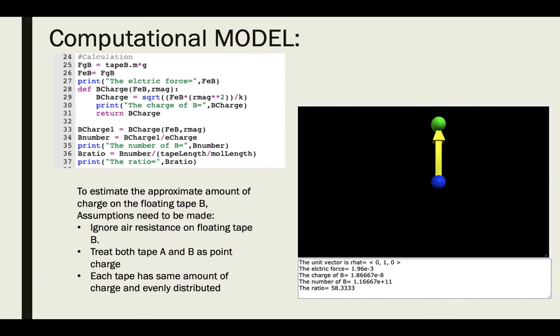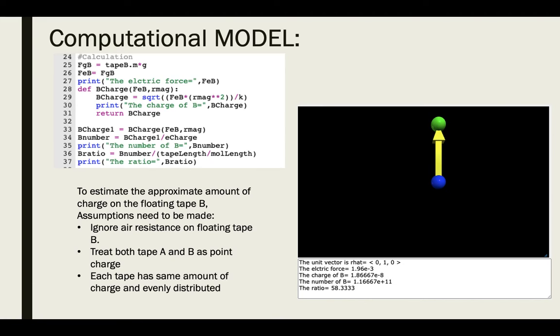As for the calculation, I use that function to calculate the B charge by changing the form of Coulomb's law. On the right side is my result from running the code.